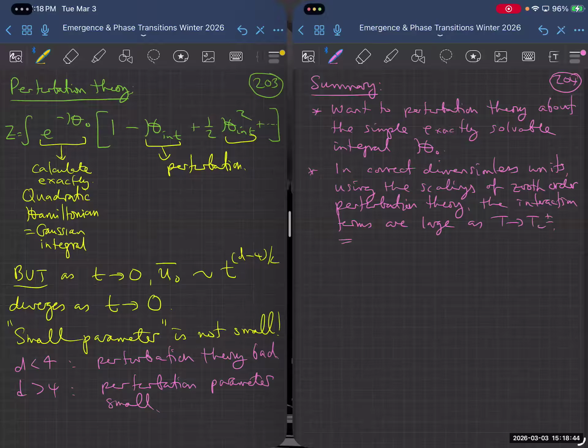And so that means that you can't do perturbation theory. And that's why we have to do something smarter.